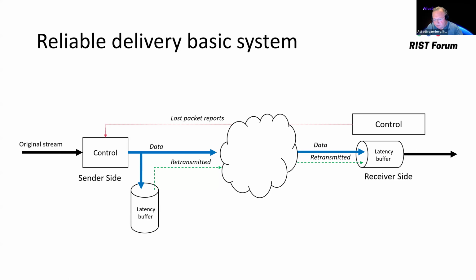In the meantime, it puts it in a latency buffer so that packets will be ready for any request for retransmissions. On the receiver side, packets get to a latency buffer that takes care of jitter and any reordering and allows enough time for packets to be recovered or retransmitted. There is a control method, so we send indication messages about lost packet reports.